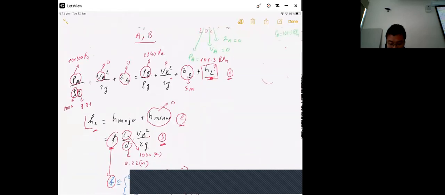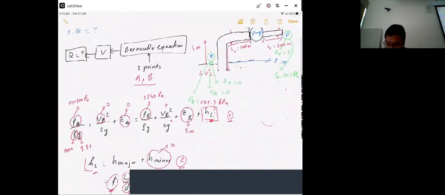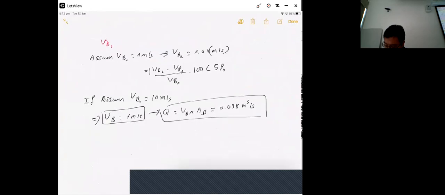The second one asks you for P pump. It's similar to our question today. You have to find P pump. So to find P pump, you have to find S pump. To find S pump, use the energy equation.